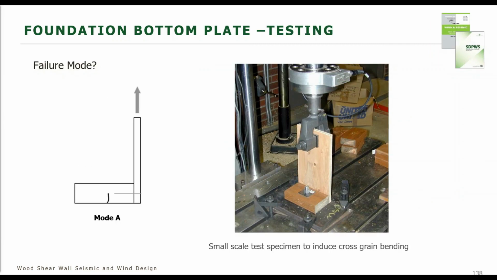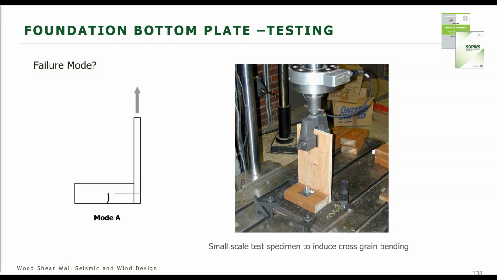And so AWC did tons and tons of tests to mimic what was seen after an earthquake, and specifically the Northridge earthquake, and showed that there is in fact splitting that does occur.